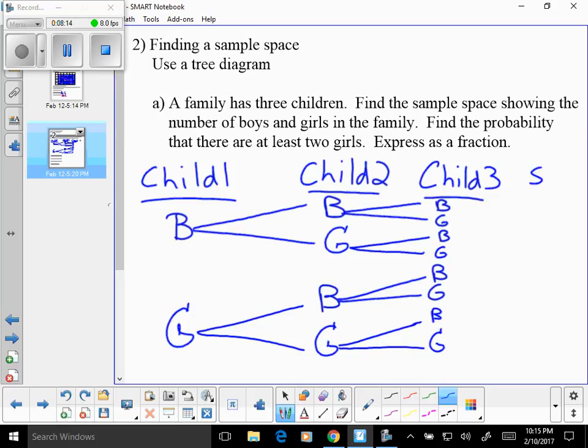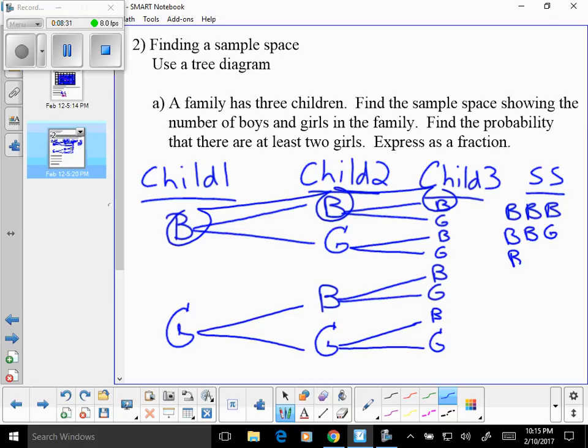Now our sample space is going to list those. I'm going to have boy, boy, boy, because I follow across boy, boy, boy. But I could also have boy, boy, girl. I could have boy, girl, boy, boy, girl, girl.